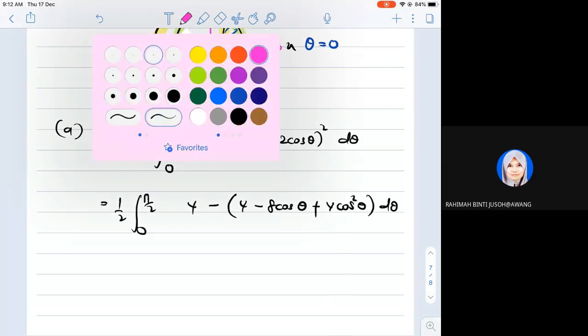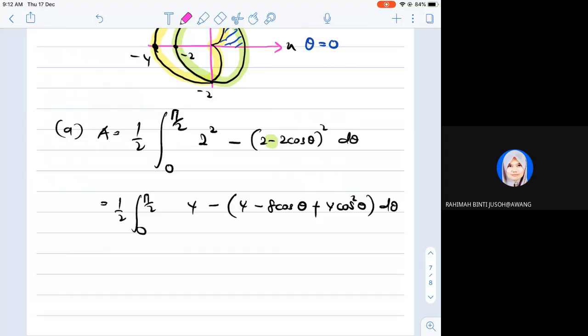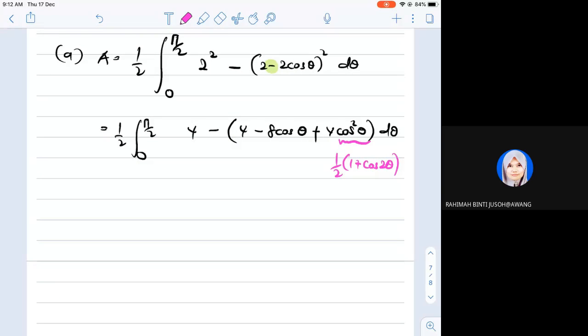Now cos squared is equivalent to 1 over 2, 1 plus or minus, guys? Plus, yes, good. Cos 2 theta. Put it there. So of course 4 minus 4 becomes 0.